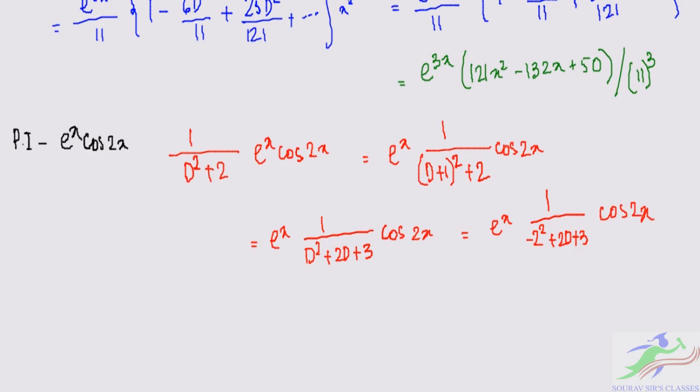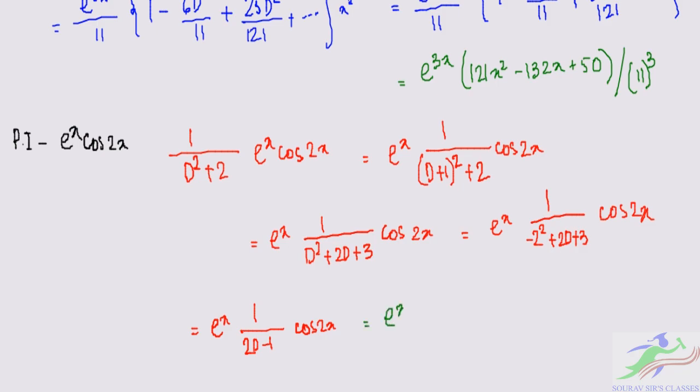This is nothing but e^x/(2D - 1) cos 2x.